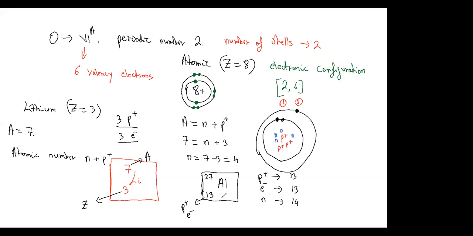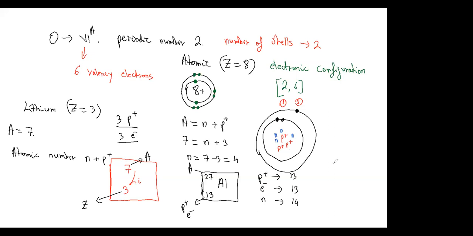And the 27 is A. So A is the mass, and the mass of the atom can be found only by the particles which are in the nucleus, in the center of the element.